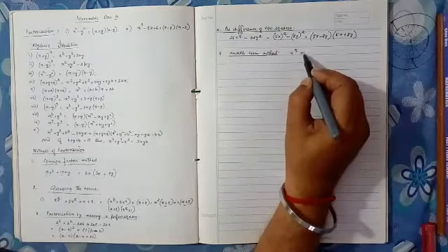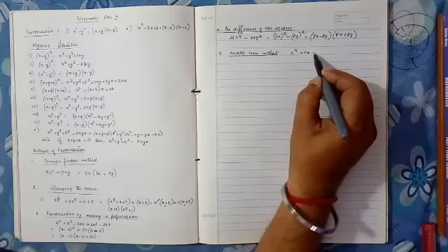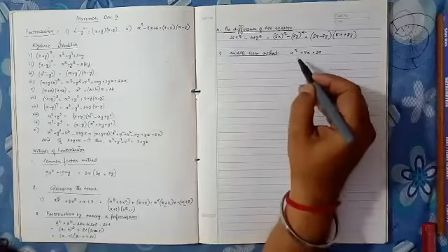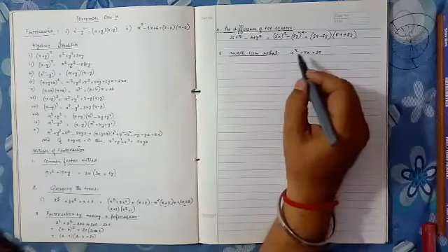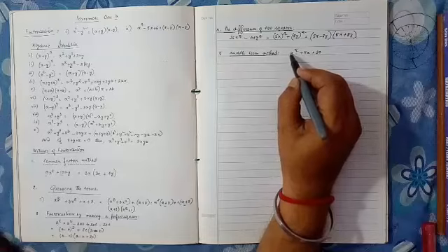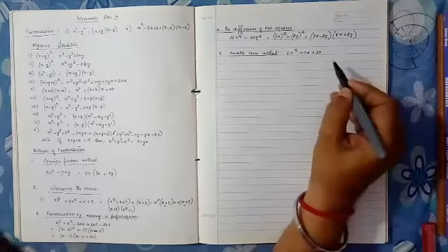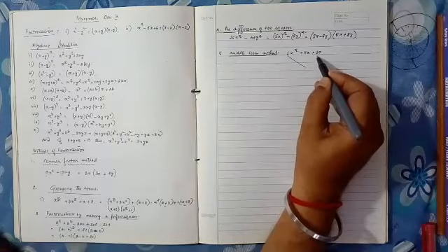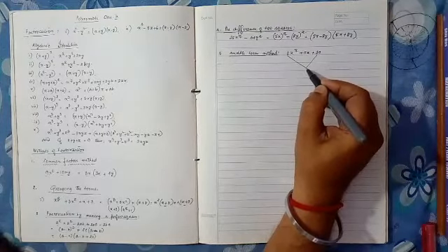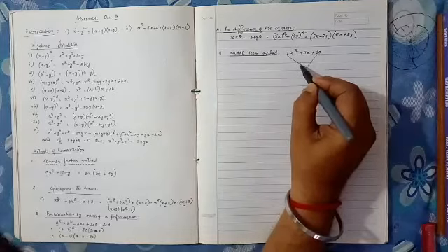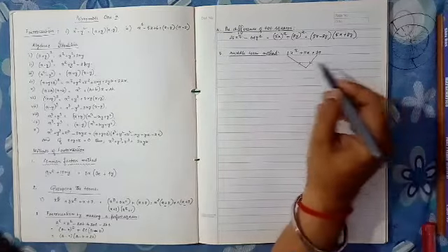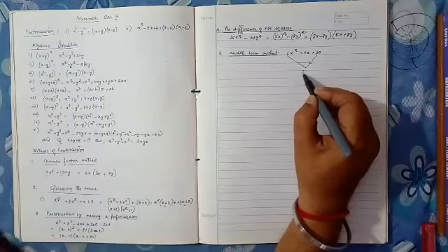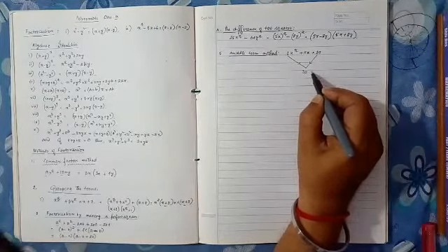x square plus 11x plus 30. First, here x square means 1x square. Let us multiply the coefficients of the extreme terms. Only numbers. So 1 into 30 is 30.